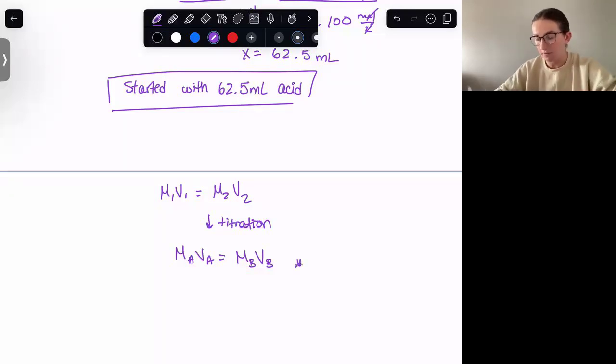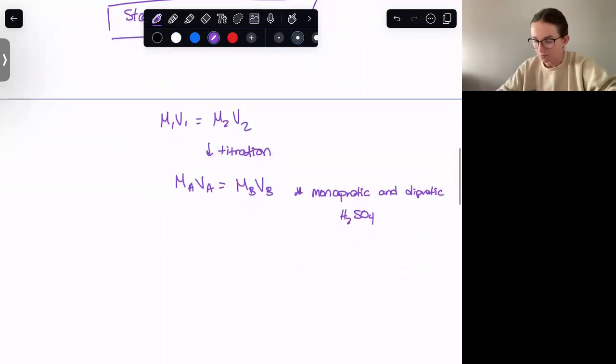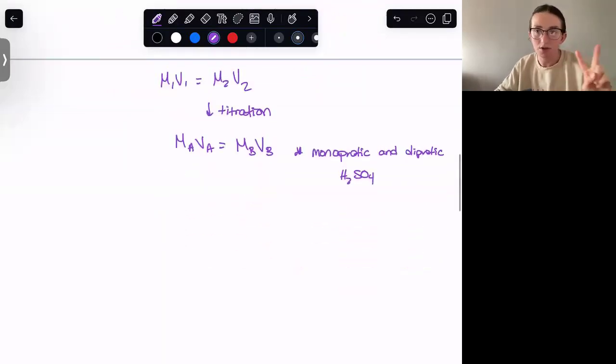You always have to be careful with titrations on monoprotic and diprotic acids or bases, right? If you have two protons, for this strong acid, this means that you now have two chances for your base to interact with your acid.